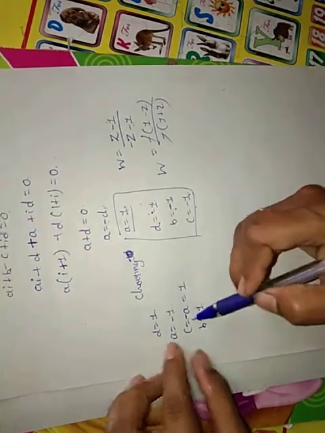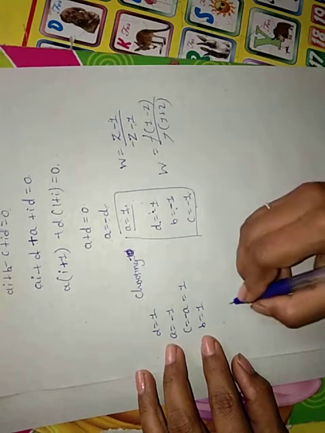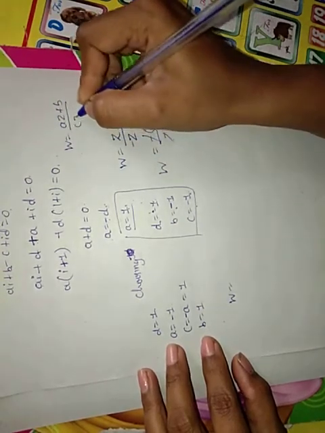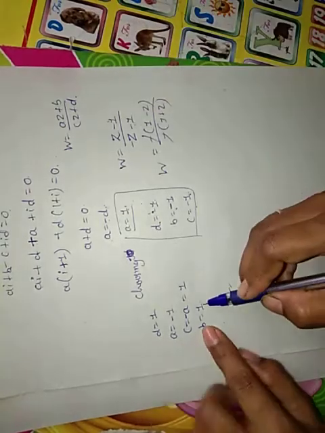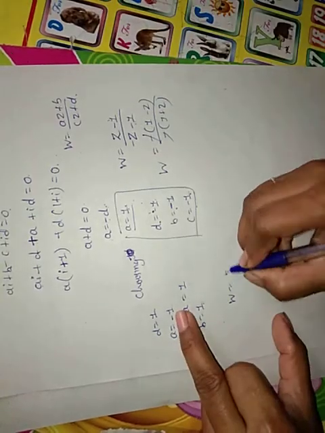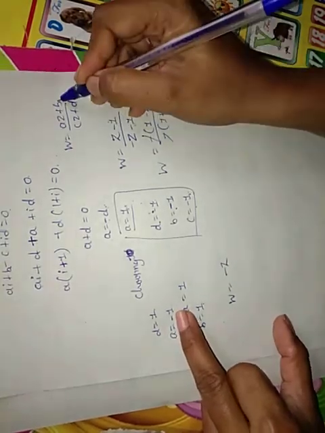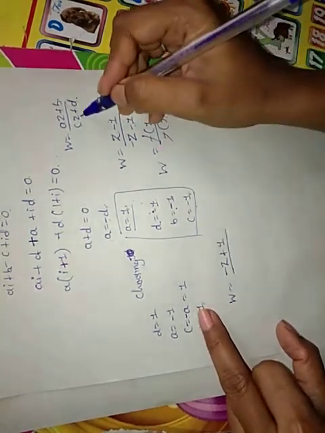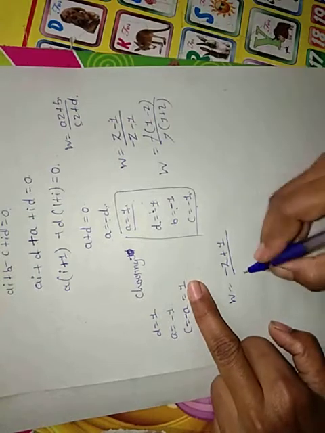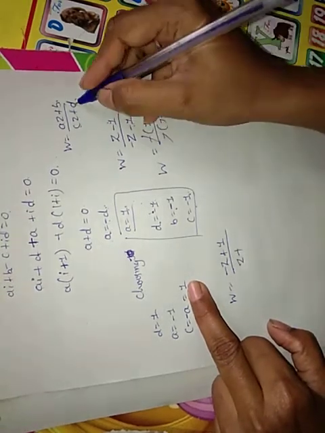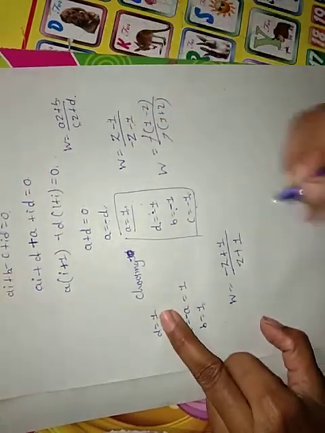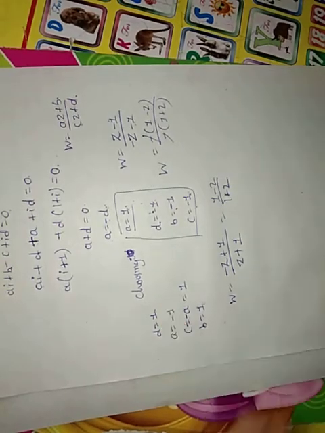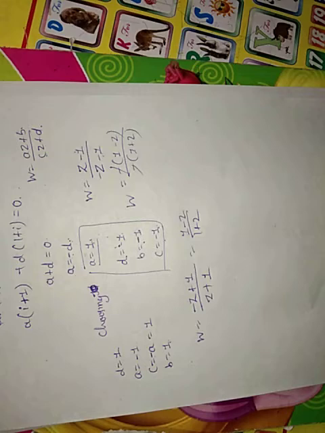Now substitute these values in w. Our w is equal to az plus b divided by cz plus d. a is minus 1 into z, minus z, b is equal to 1, divided by c into z, c is equal to 1 into z, plus d is 1. So 1 minus z divided by 1 plus z. So that is the required bilinear transformation.